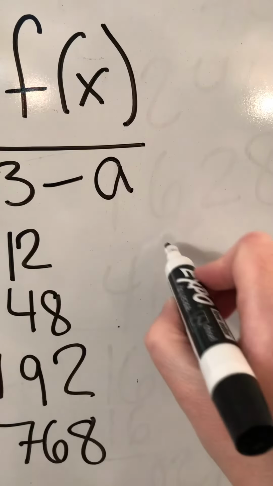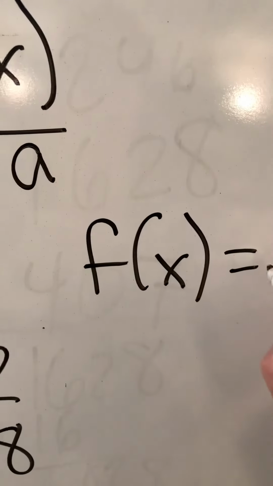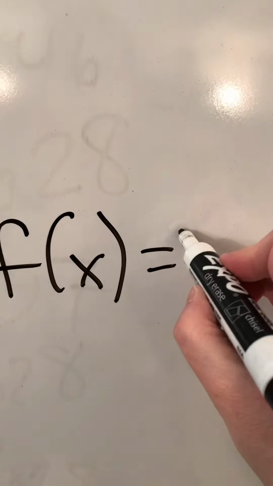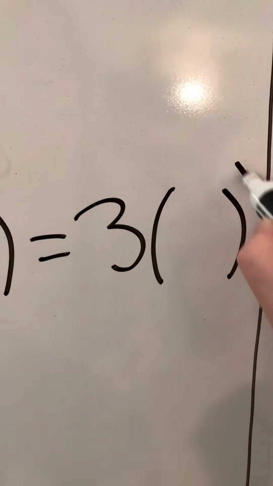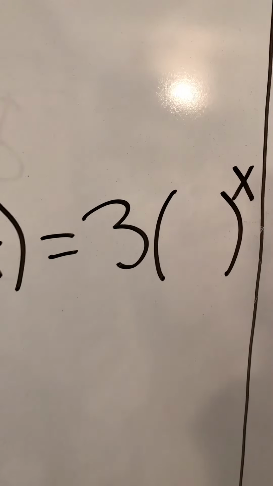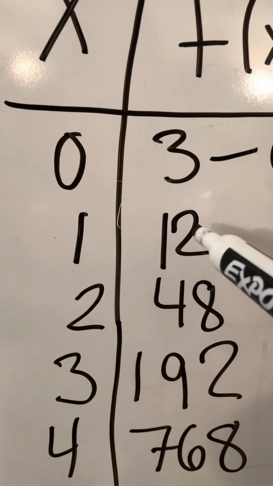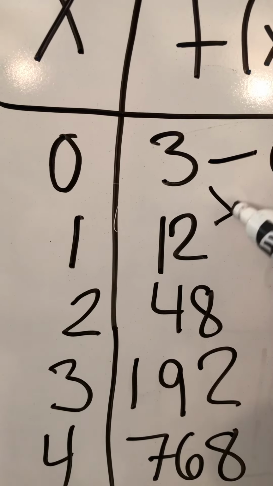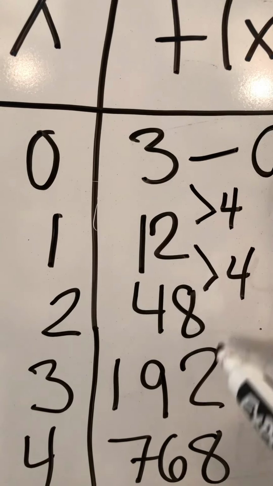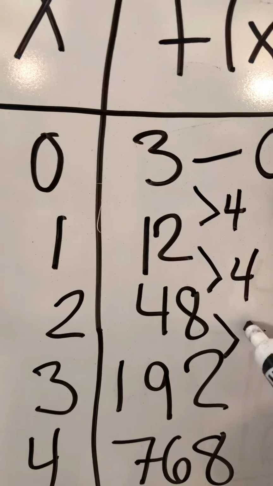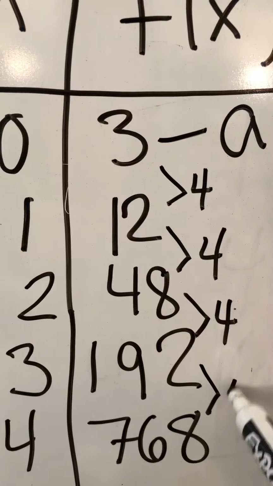So we know that our equation is going to be f of x. We're going to be using the 3. So the 3 is the a. We're going to set up our parentheses, and yes, it's raised to the x power, and that stays as an x. So now we need to figure out what this is divided. So I'm going to do 12 divided by 3, which I know is 4. 48 divided by 12, which I know is 4. 192 divided by 48 is 4, and 768 divided by 192 is 4.